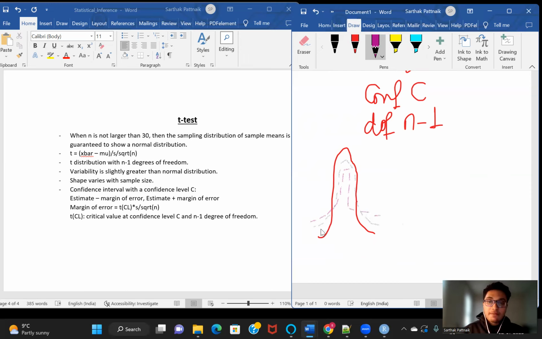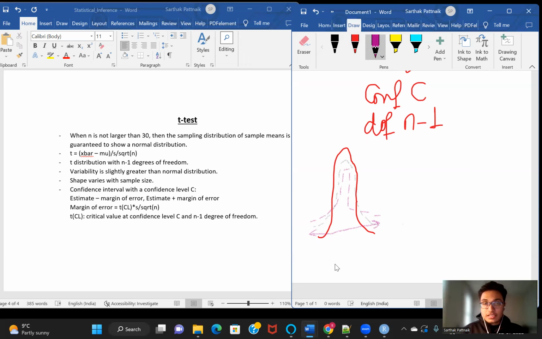And we can see that the variability of a t distributed curve, which is this length, is much more than a standard normal distribution curve. So two properties to remember for t distribution: it varies with the sample size, and number two, the variability of a t distributed curve is more than that of a standard normal distribution.